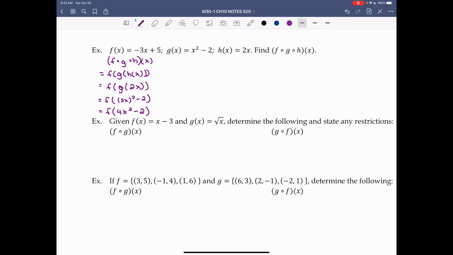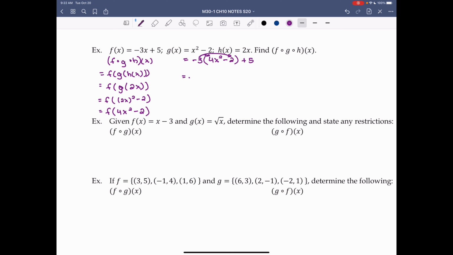And then we can sub what's inside the brackets into our function f anywhere there's an x. So we get f of x is negative 3x plus 5, so negative 3 times 4x squared minus 2, plus 5. Multiply the negative 3 into the brackets.